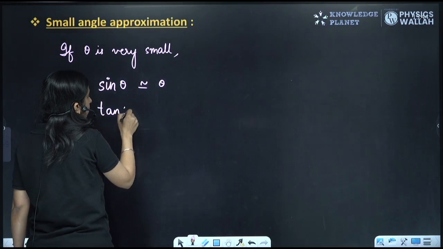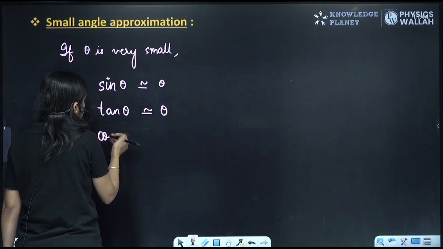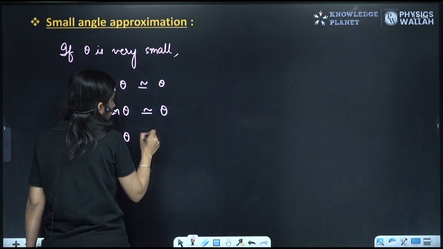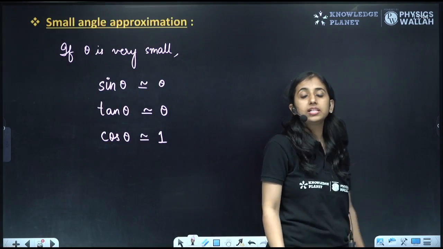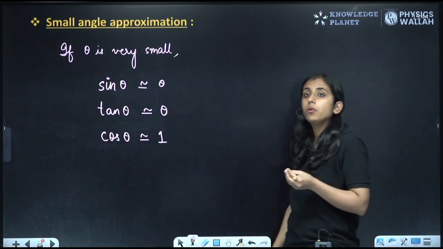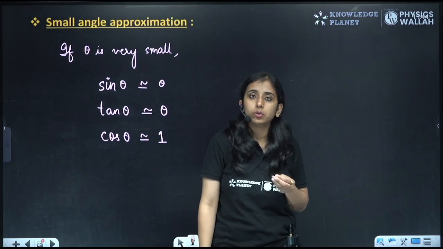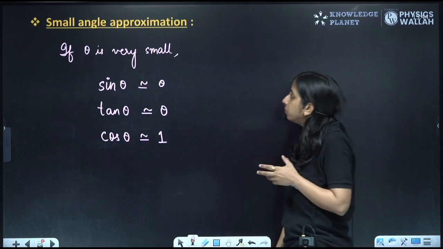Similarly, tan of theta is also approximately equal to theta, and cos of theta is approximately equal to 1. If theta is very small, then sine theta is approximately equal to theta, tan theta is also approximately equal to theta, and cos theta is approximately equal to 1.